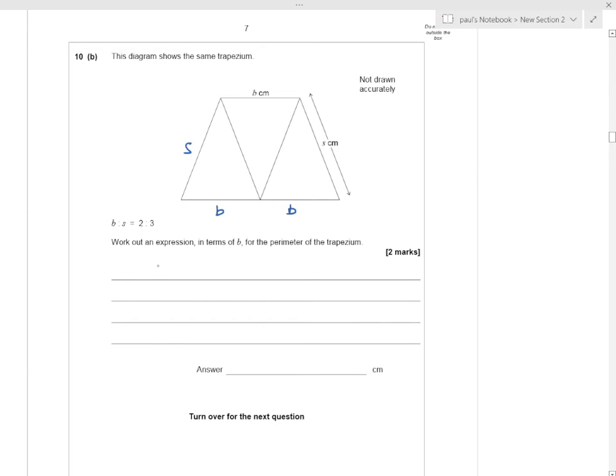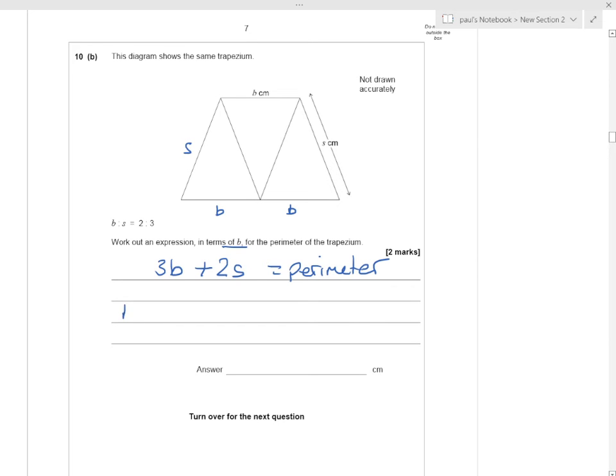So we've got 3B plus 2S equals the perimeter. Now it just wants B's, so we don't need the two S's.